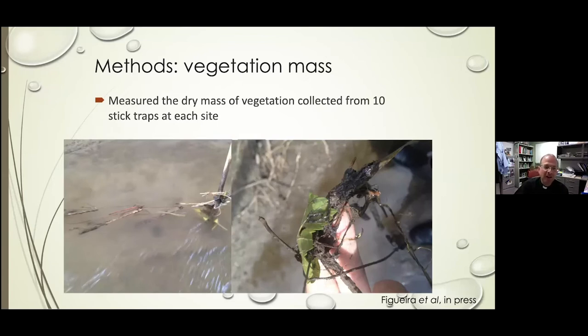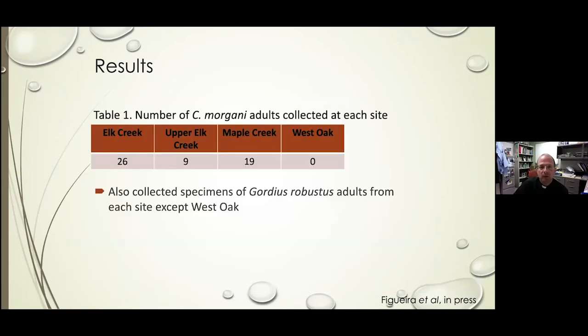So here are our worm stick traps. Instead of collecting the adult horsehair worm, they're very effective at collecting the vegetation, so we scraped off all the vegetation and measured the dry mass of that to estimate it.